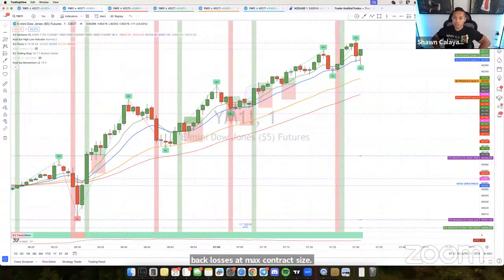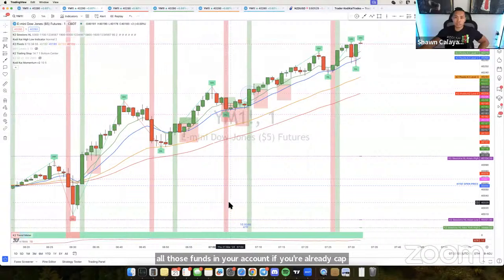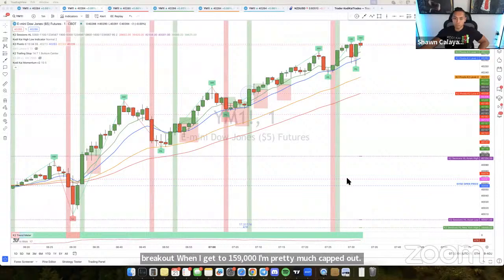Because there's kind of no point in having all those funds in your account if you're already capped out at contract size, right? For example, with the breakout V3, when I get to 159,000, I'm pretty much capped out because I can't go higher than 17 contracts with my Apex 150K account.